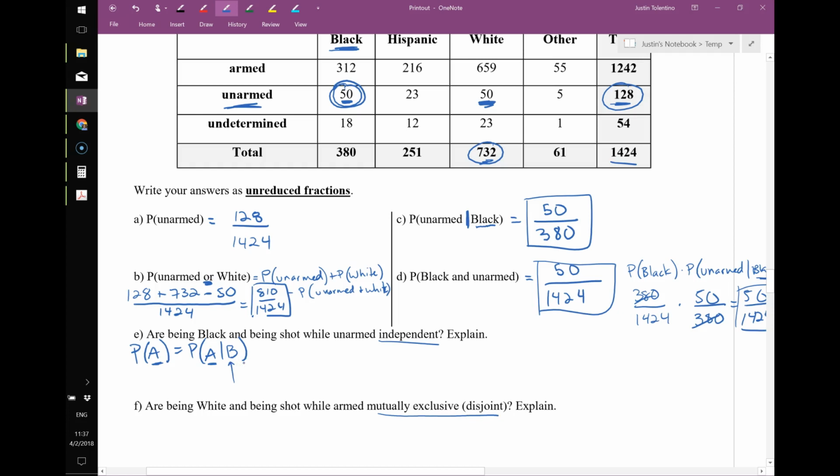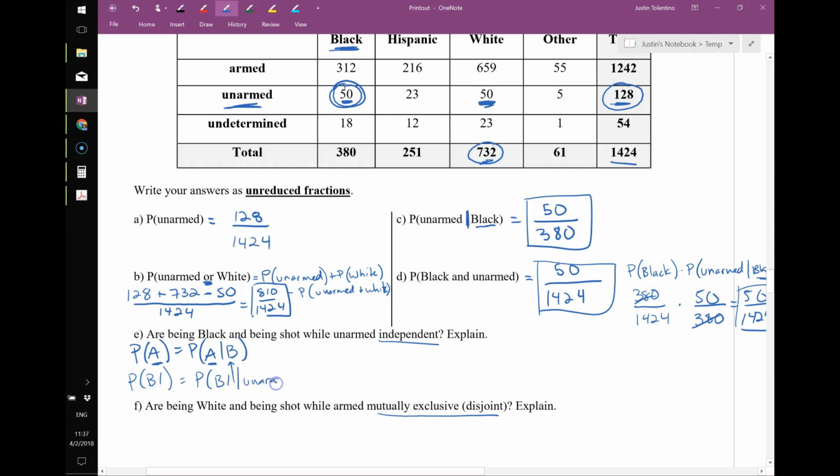It should stay the same because that's saying that B does not affect your probability of A. And so we could have done this in a couple ways. We could have found that the probability of black is equal to the probability of still being black, but knowing the fact that they were shot while unarmed.